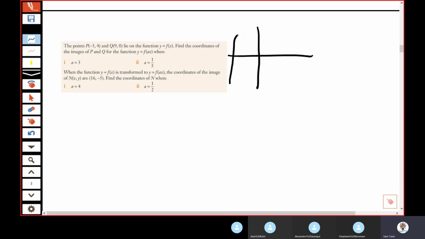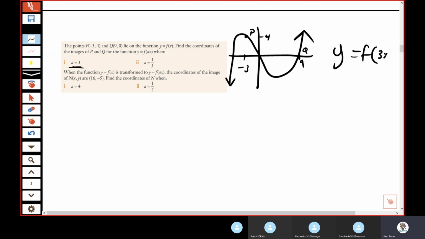So again, the points P (-3, 4) and Q (9, 0) lie on the function y equals f of x. Find the coordinates of the images of P and Q for the function y equals f of ax when a equals 3.